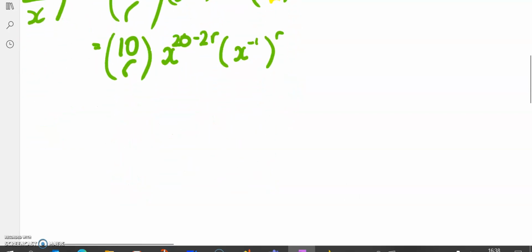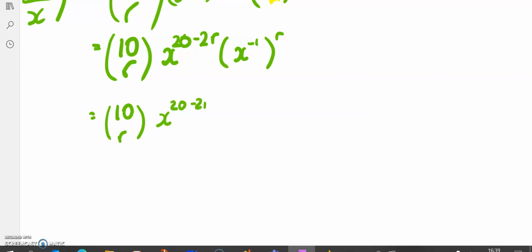So we can keep going, we can keep simplifying here. We're going to have 10 choose r, x to the 20 minus 2r, x to the minus r. Once again, we've got a power of a power, so we multiply them. What we've got now though is a situation where we're multiplying, and when we're multiplying, we add the powers.